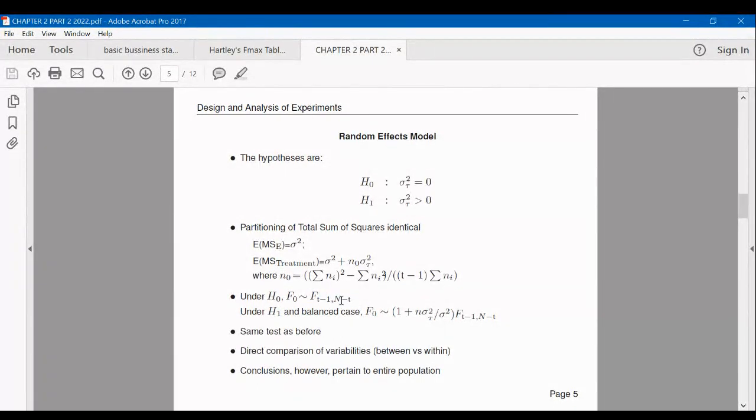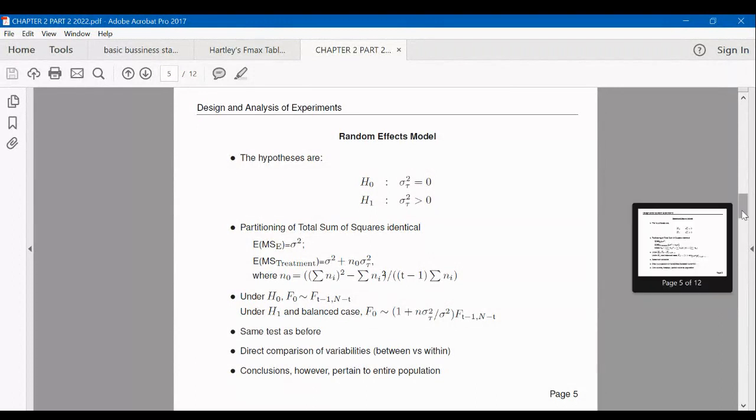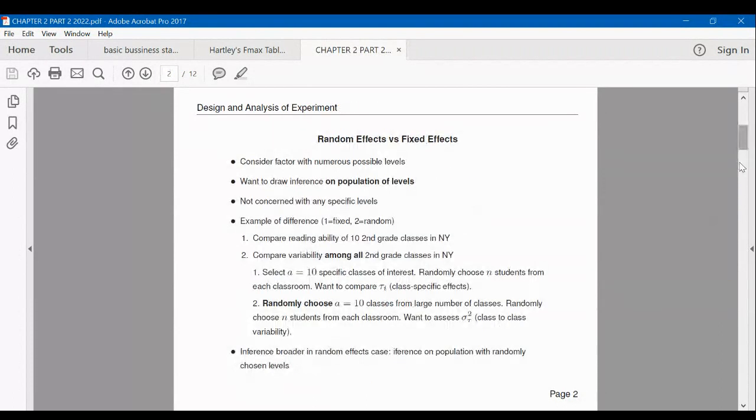Can someone explain why now we're using the capital letter N instead of small letter n? Previously, we were saying n minus 2 minus t. Why now are we saying capital letter N minus t? The answer is here. Why are we using capital letter? Do you see the answer?